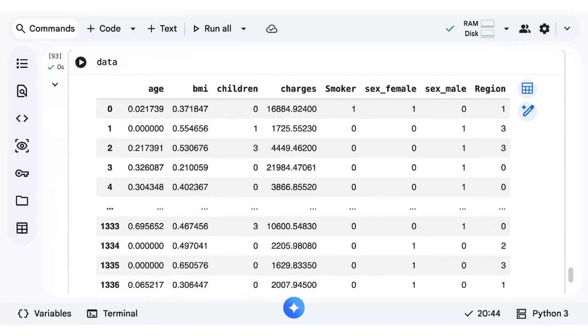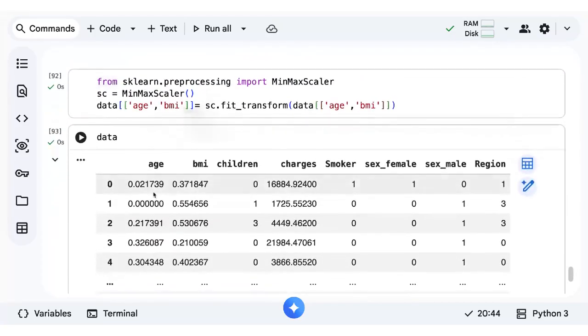Vision still showing 3, 2. Even children, 0 to 1, no? 0.3 is within 0 to 1. So 3 is not between 0 to 1, right? Where is 3? It's 0.3. I have applied only for age and BMI. Okay, it's 0.3, not 3. I thought you applied on all the data.